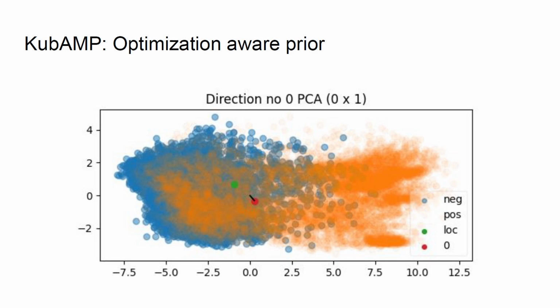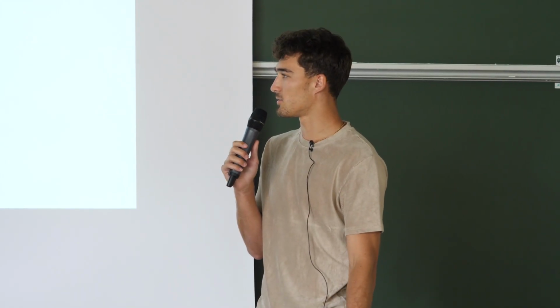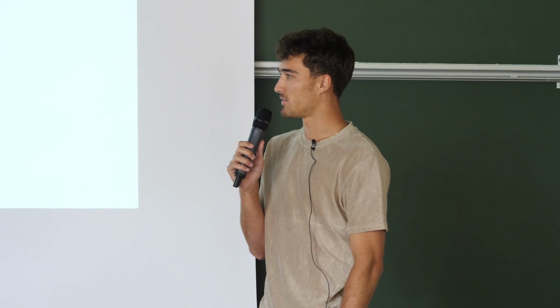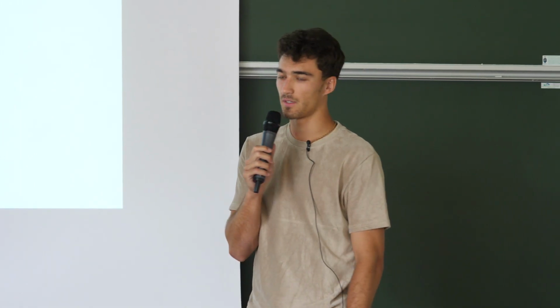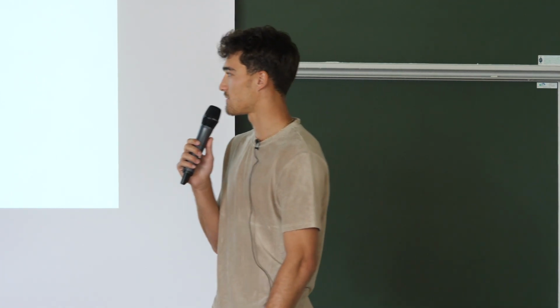As you can see, orange, which are peptides with high AMP probability, are to the right, as well as this red dot from the zero point. So we managed to create a reasonable latent space which divides the negative samples from the positives.